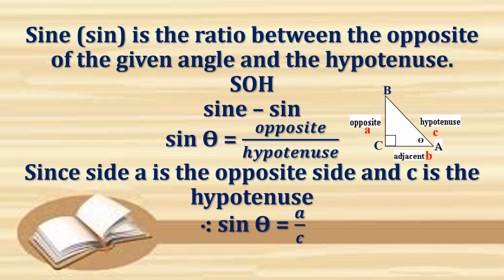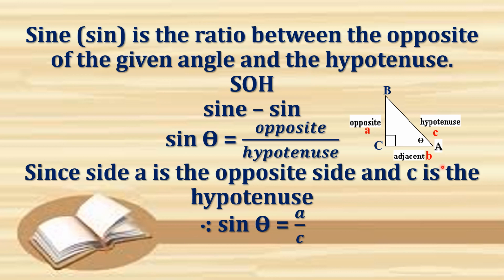That is written in the mnemonic SOH, meaning sine theta is equal to opposite over hypotenuse. Since side A is the opposite side and side C is the hypotenuse, our formula for sine theta is equal to A over C.